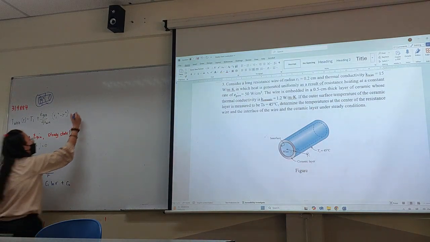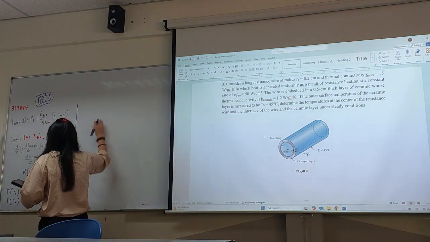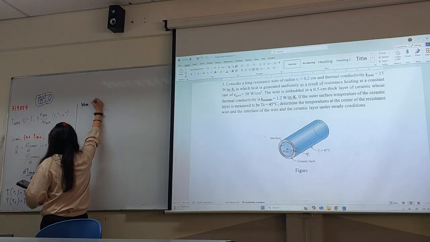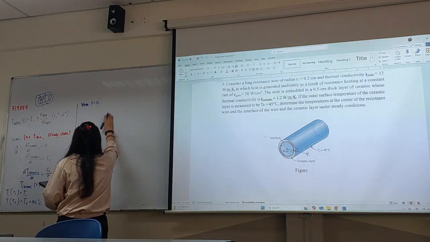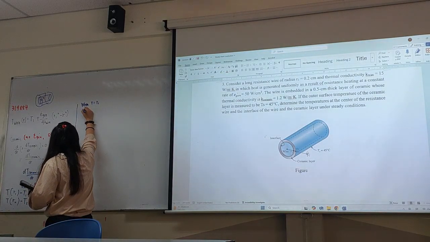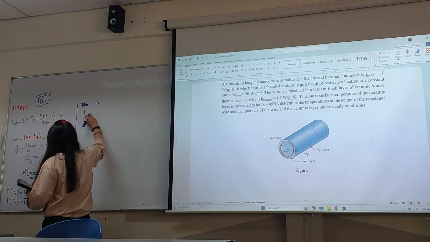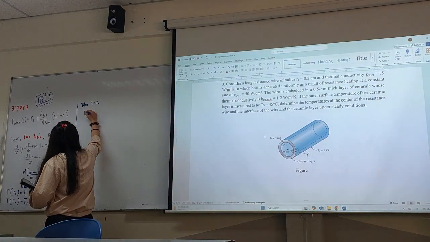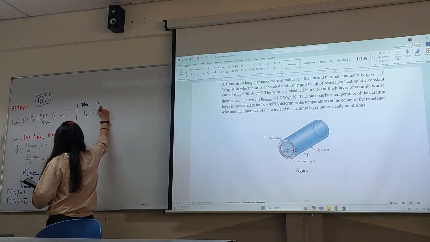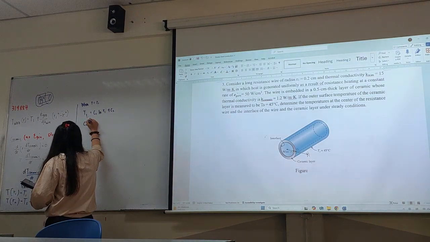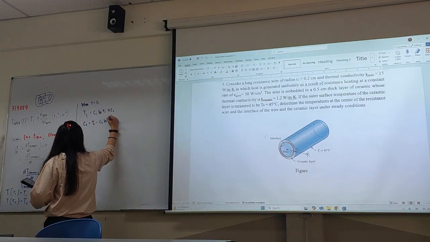When R equals R1, the temperature we use is T1. So T1 equals C1 ln R1 plus C2. I rearrange the equation: C2 equals T1 minus C1 ln R1.